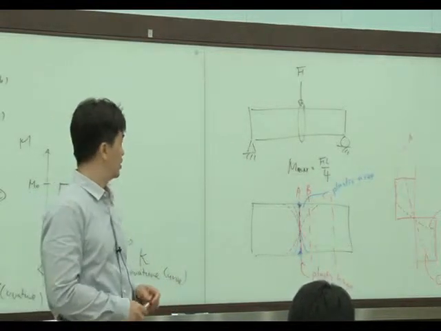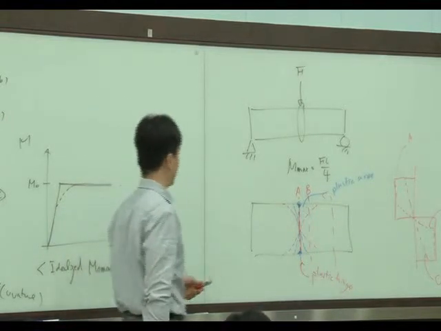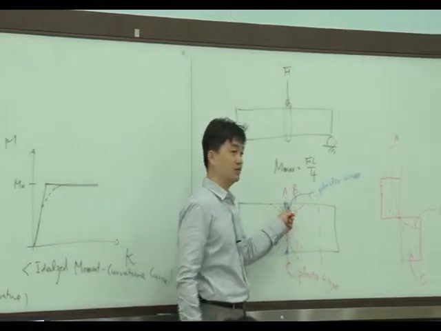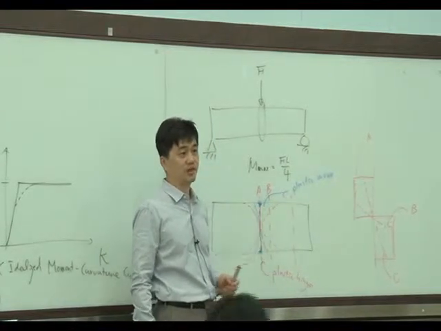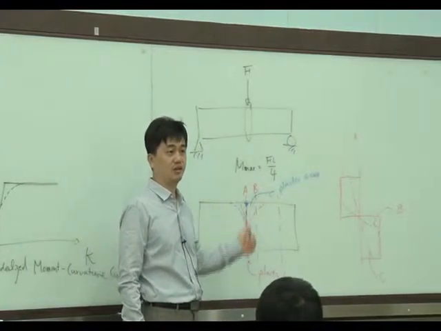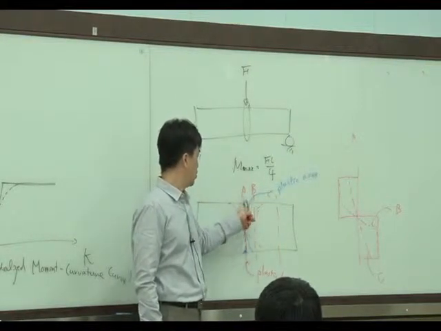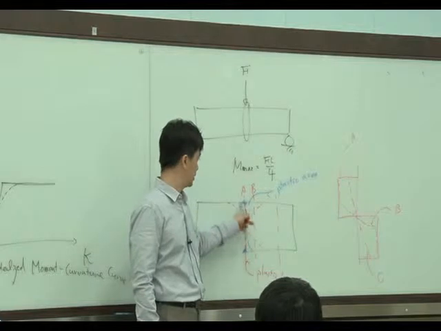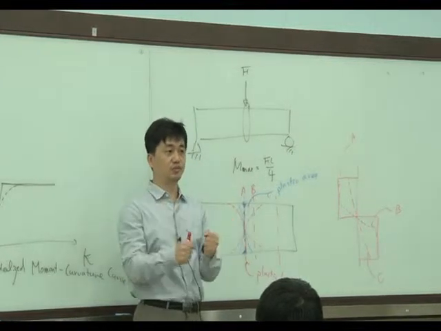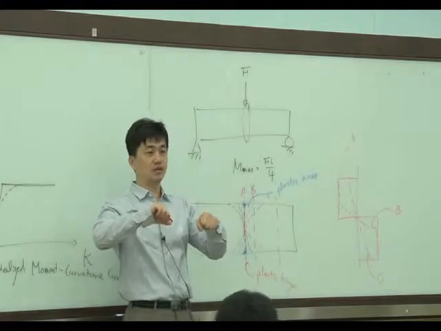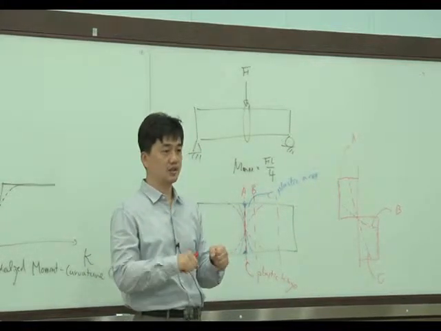So it's different from the material failure. When we define the material failure, this one point yields, then we say this structure fails. But collapse is quite different. If the whole of this section yields, then it starts to move. So there will be a dynamic behavior. Okay, then it collapses.